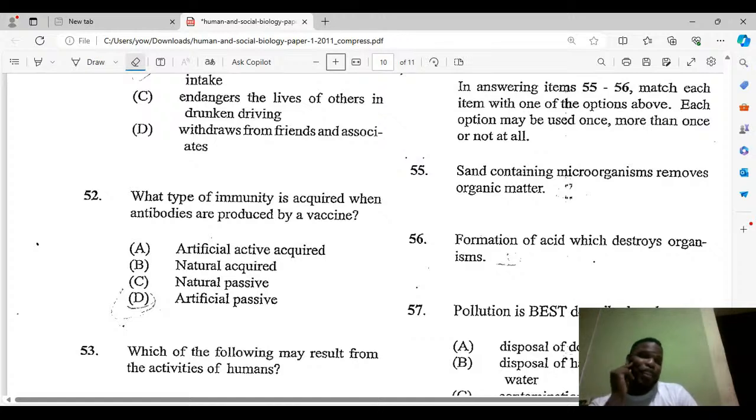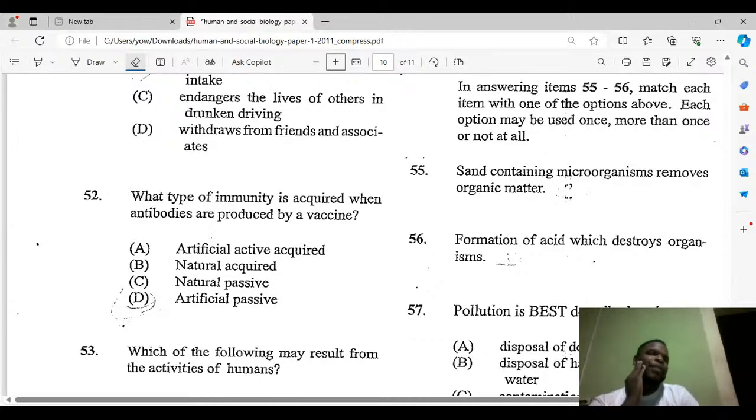Well, TJ, you're on your own still, but based on the question, I think it's more D. Artificial active, I think, is when it's stimulated, yes, but artificial passive is more talking about passing on, because when you talk about injection, you talk about passing it on.